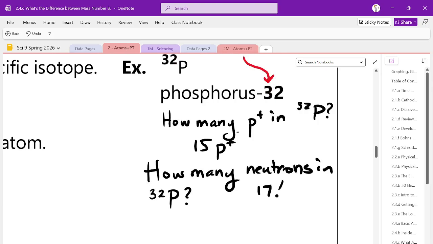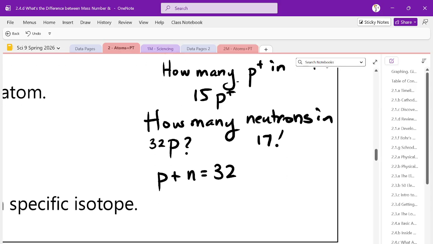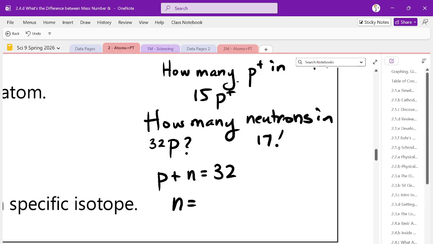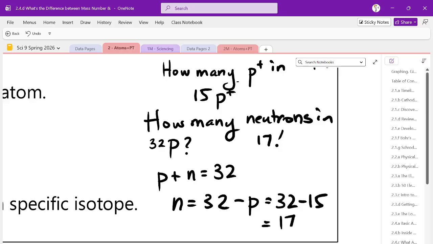What we would do is we would say that protons plus neutrons has to equal 32, the mass number. And so, in order to find the neutrons, it is going to be equal to 32 minus the protons, which is going to be 32 minus 15, which gives us 17.